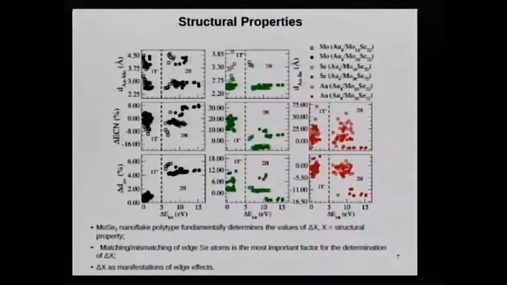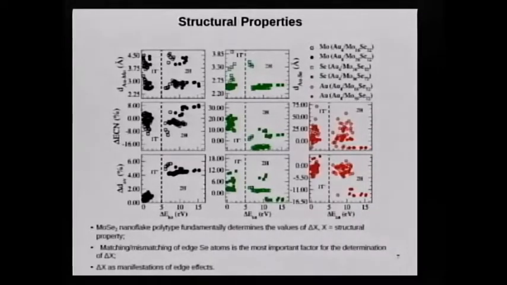However, you can notice that there are completely opposite behaviors on the delta DEV and delta ECN in the 1T prime and 2H regions, which is due to the fact that if I have a 1T prime nanoflake, there will be no matching of the selenium on the edges.